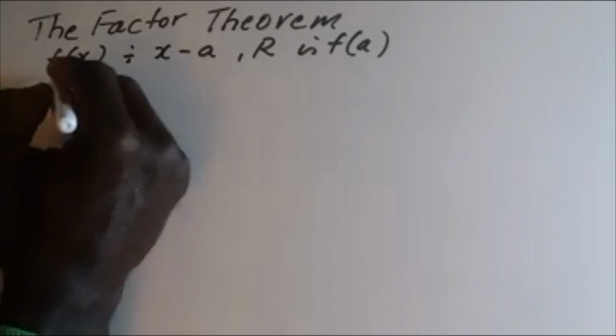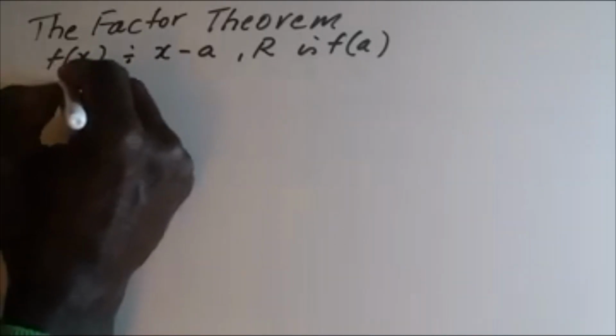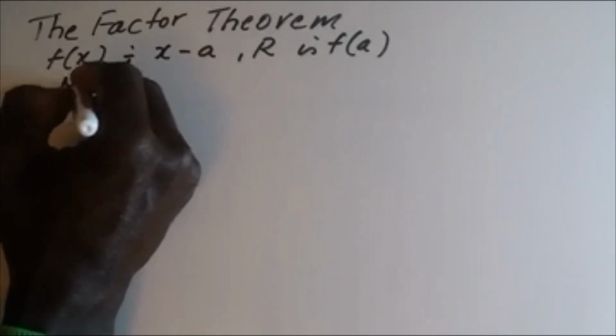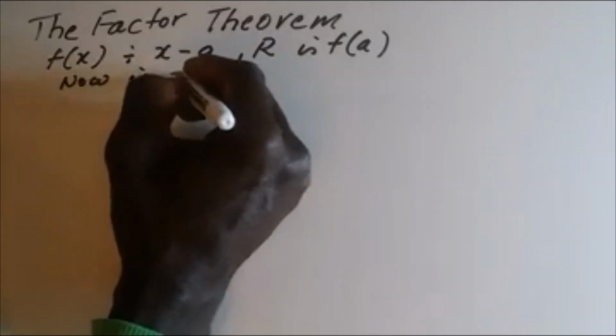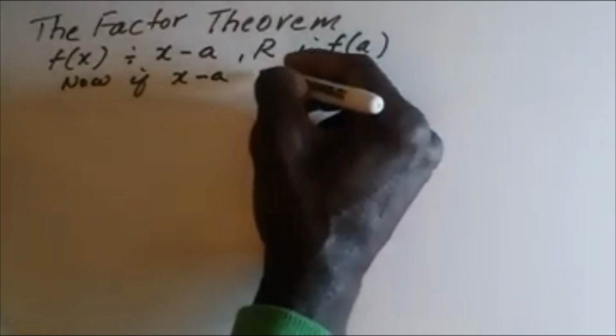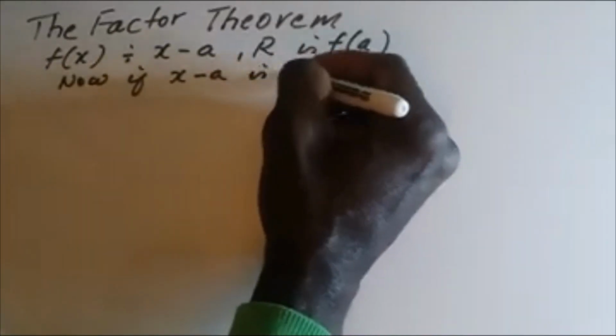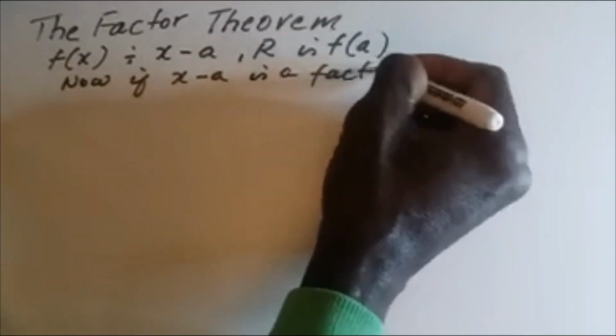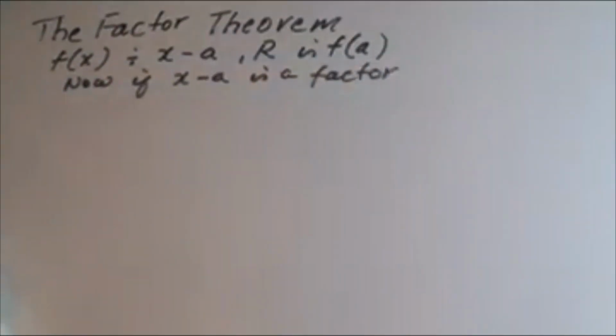Now, if x minus a is a factor, then there will be no remainder when we divide f of x by x minus a.